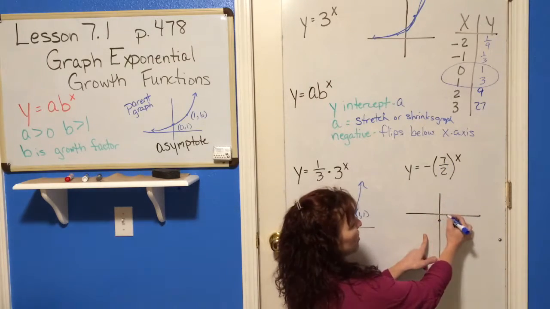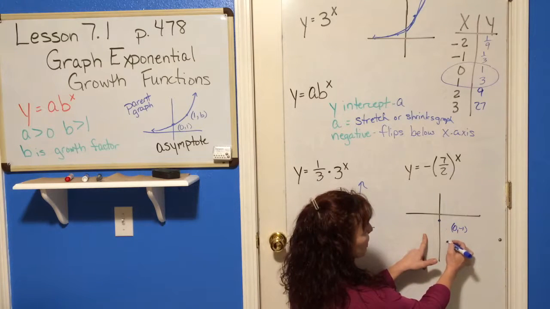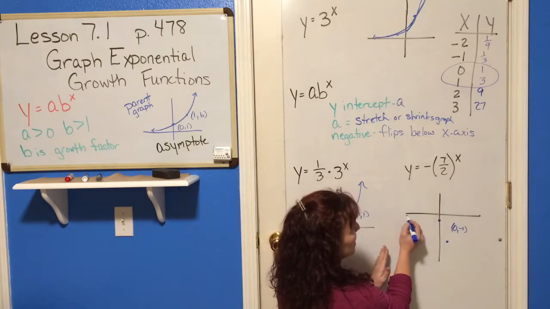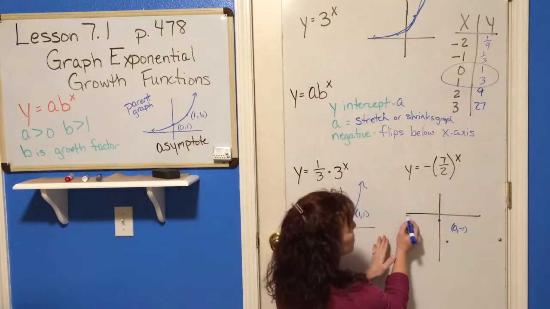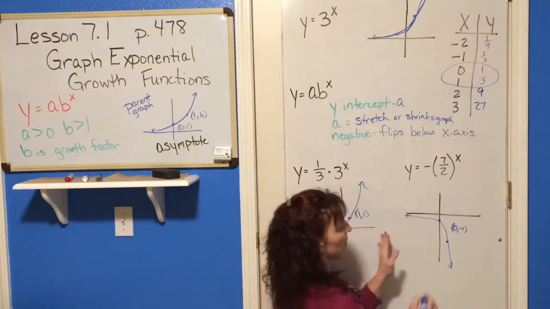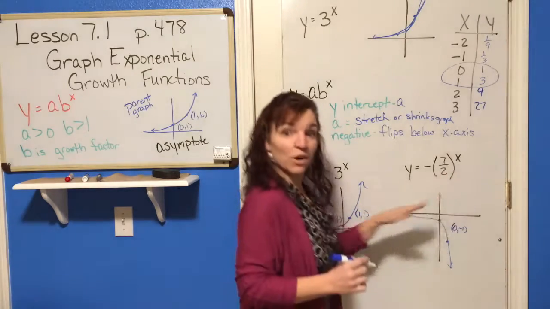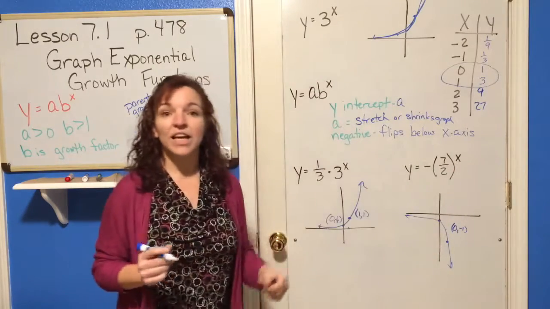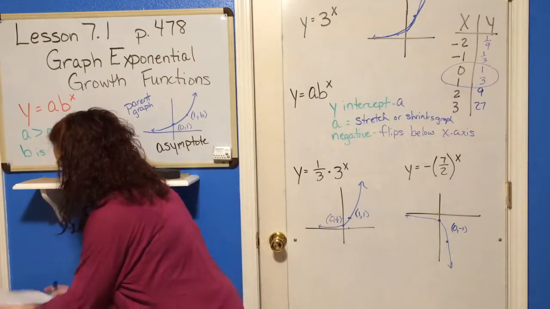So we've got 1 for the x and 7/2 is right about there. And so now this graph, because it's flipped, it's going to get closer and closer to the x-axis, but underneath it. So it's going to come this way and then zoom, go that way. And you'll see that we can't call it an exponential growth function because it's not growing. It's not getting bigger. So this is what this function looks like, but we don't call it an exponential growth function.